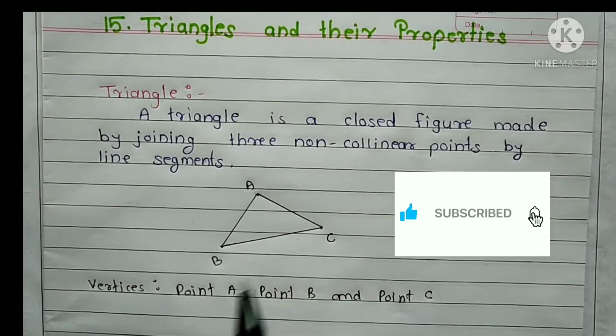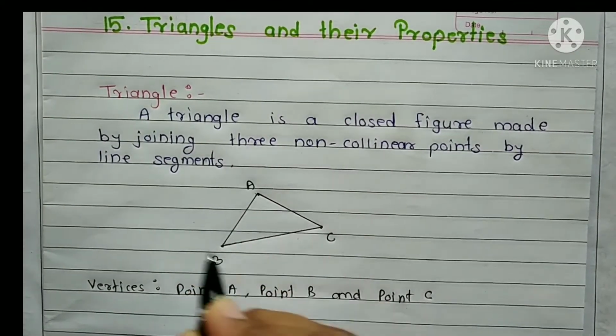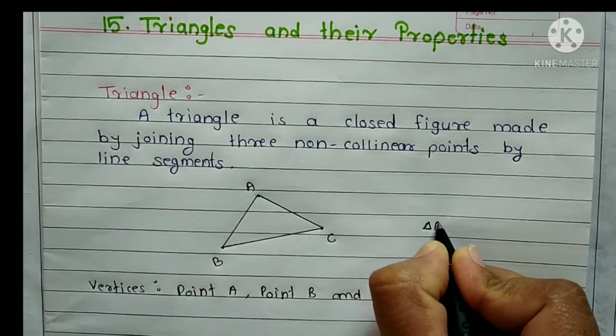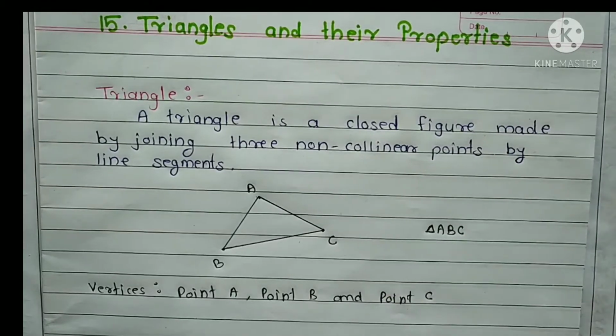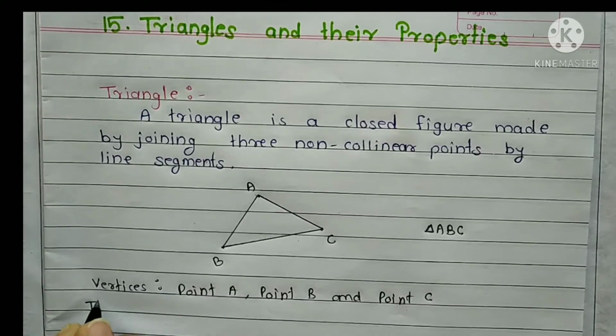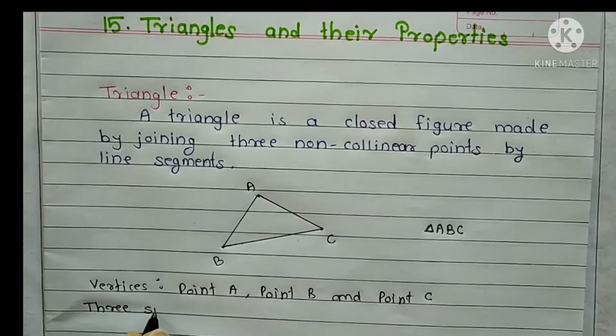Here triangle ABC, and triangle ABC is written in this way, triangle ABC. And triangle ABC has 3 sides.